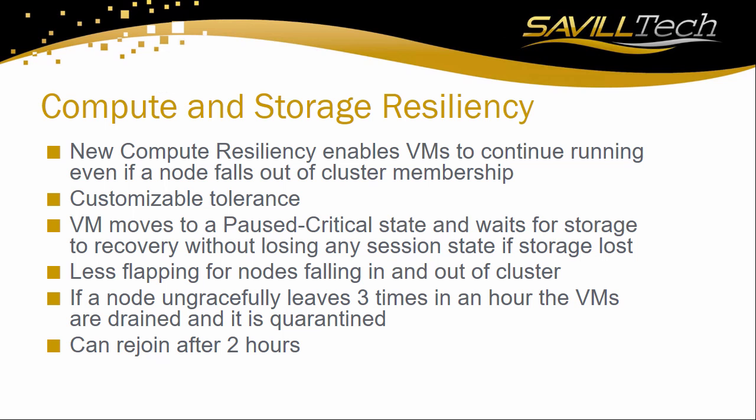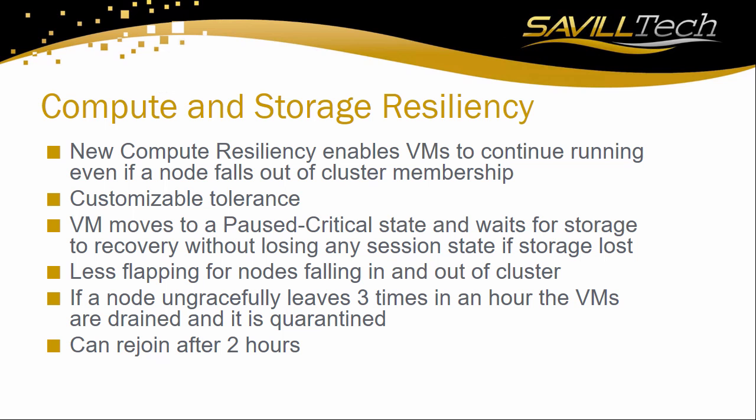So the outage caused by me moving the resources is going to be far greater than the outage caused just by the blip in the network. Likewise, if I have that blip in the storage connectivity, the VMs crashing and then having to restart is far greater than if I'd have just paused the virtual machine. So that's exactly what compute and storage resiliency does. If there is some blip, it does things to help it.